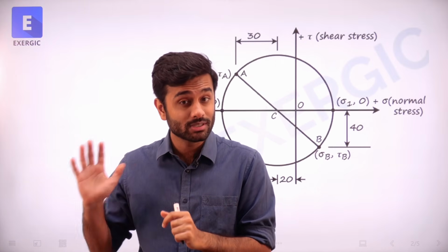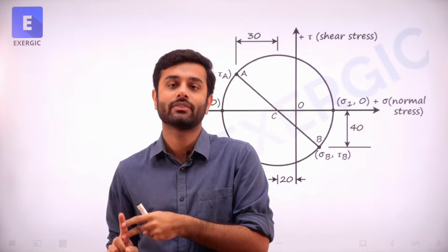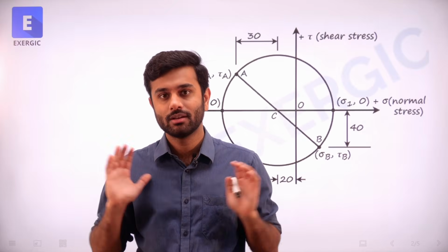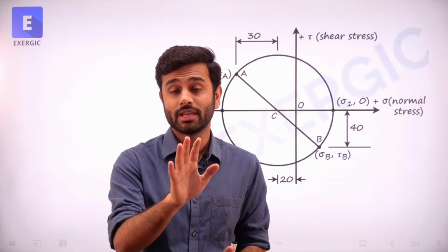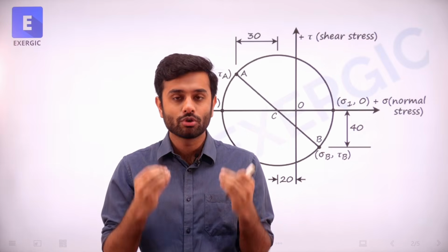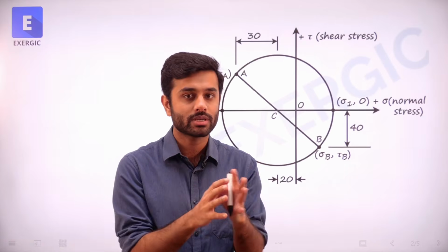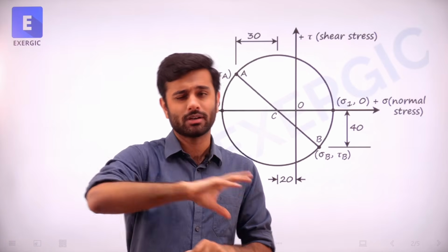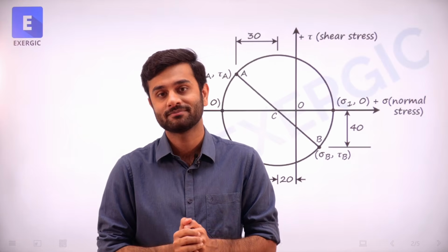I told you that you should know both the methods, analytical and graphical, and you should thoroughly try both the methods and then become an expert in one. I am not saying you should know only one method, both methods you should know. You should be capable of solving any question by both methods, and become a super expert in at least one of them, if possible in both, right?